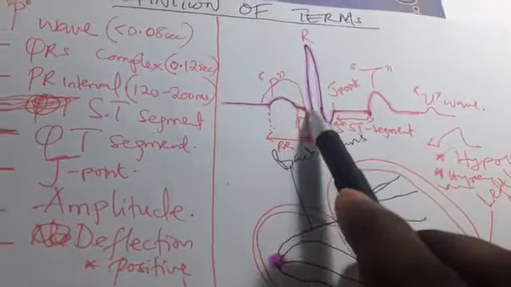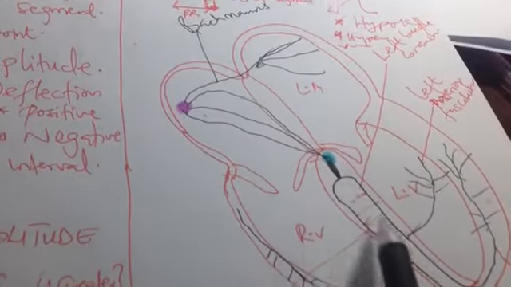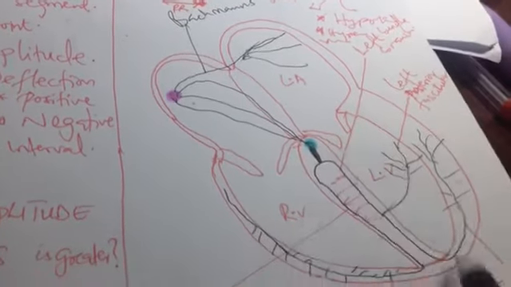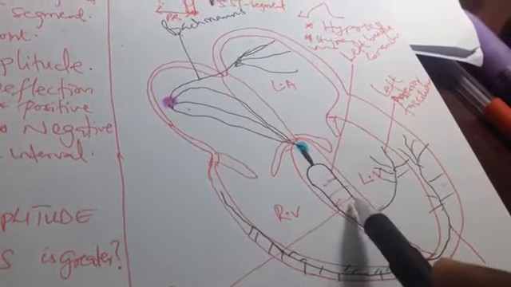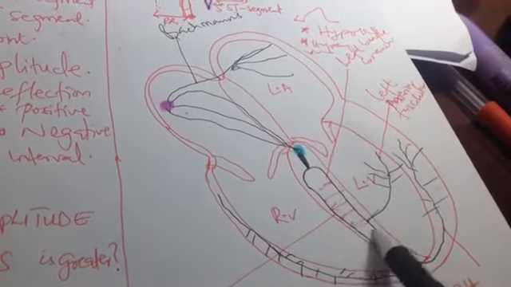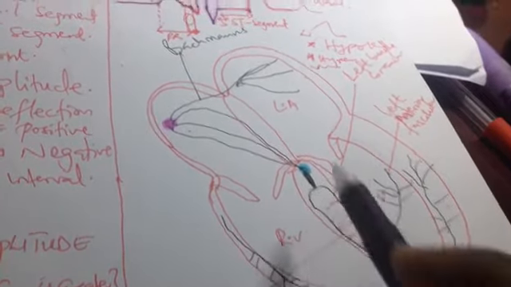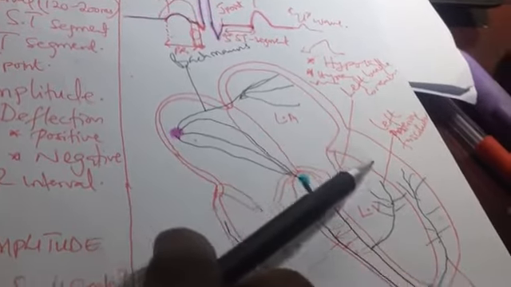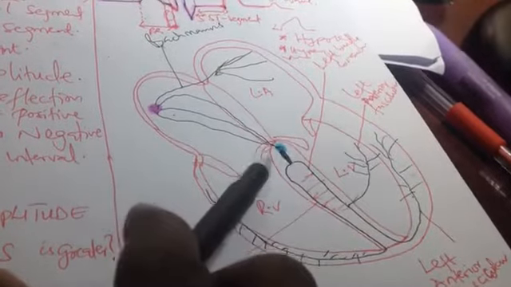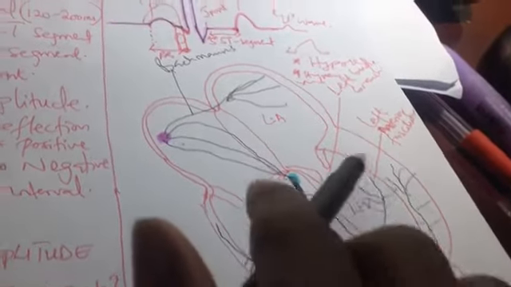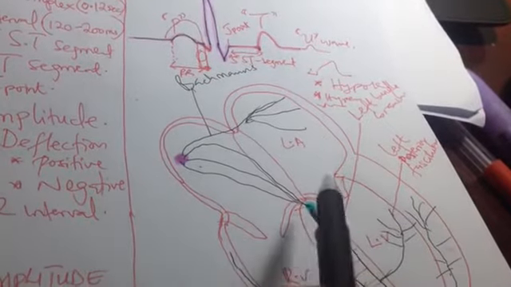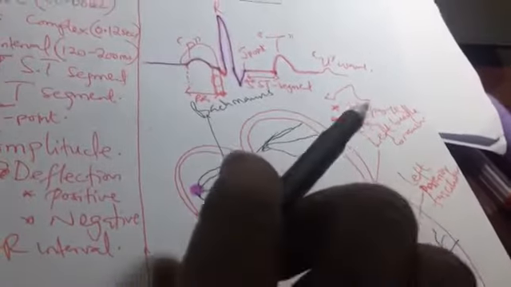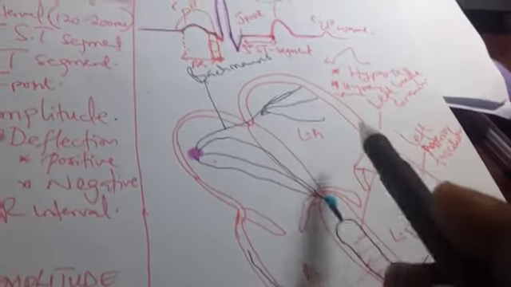This is the Q, depolarization of the septum, and it is moving not from up to down, but from the left bundle branch to the right bundle branch. But the contraction of the ventricle itself goes from up to down, and then from down to up, to complete the whole thickness of the muscle.